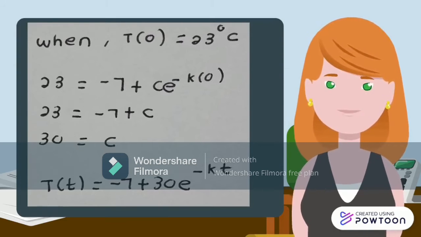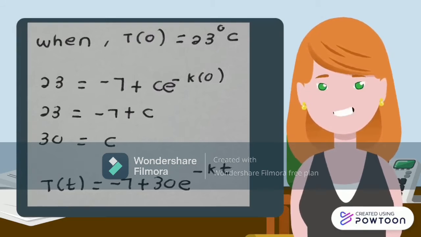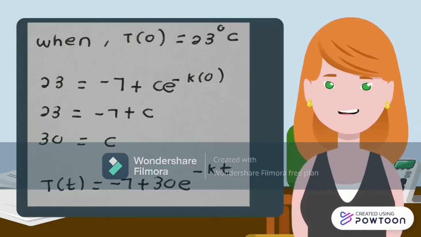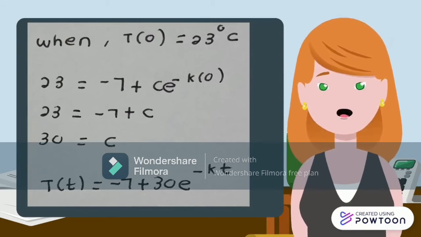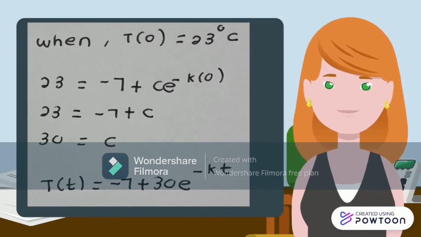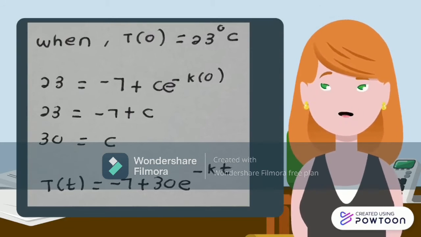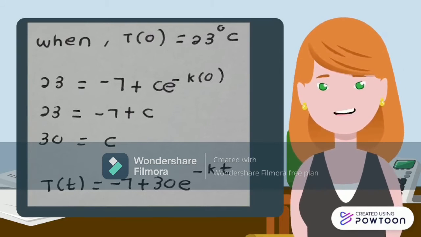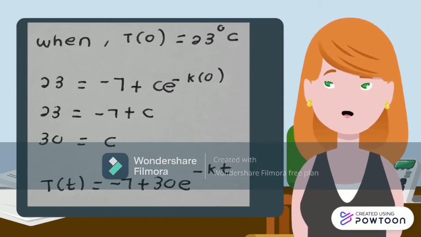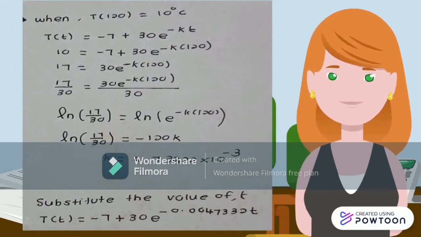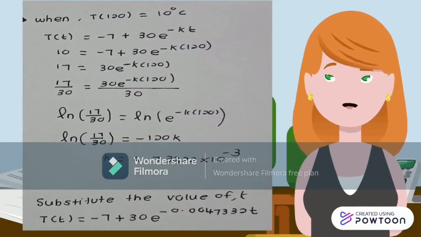So here we have found the unknown variable c, which equals 30. As the next step, we must substitute the value of c into the equation. So here we will get T(t) equivalent to negative 7 plus 30 exponential raised to negative kt. Next, we must find the value of k.